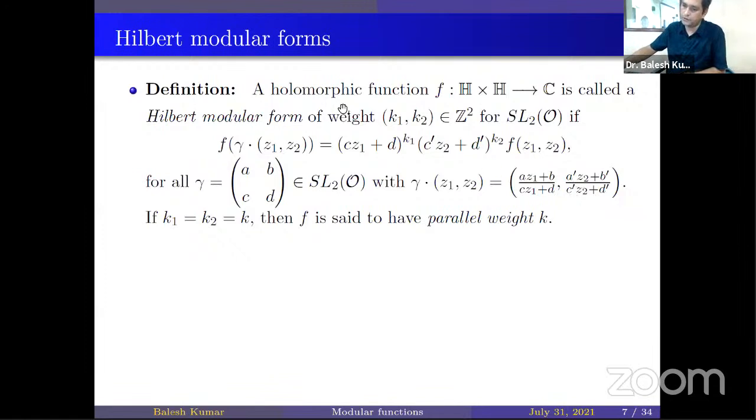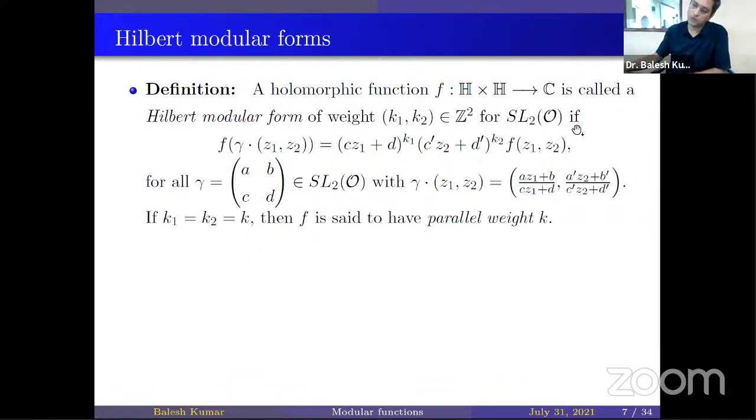And so one defines a Hilbert modular form of weight (k1, k2) on H cross H. Here the weight will be k1 and k2, and for the full Hilbert modular group SL2(O), it must satisfy the transformation property.